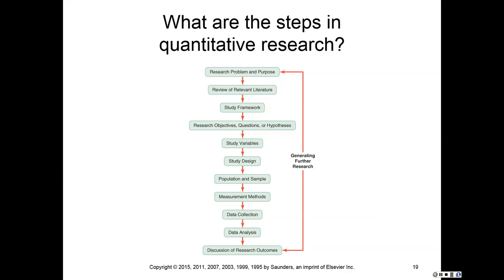So the research process is different from the nursing process. These are the steps of the quantitative research process. In the nursing process, your first step is what? Assessment. The second step is diagnosis.